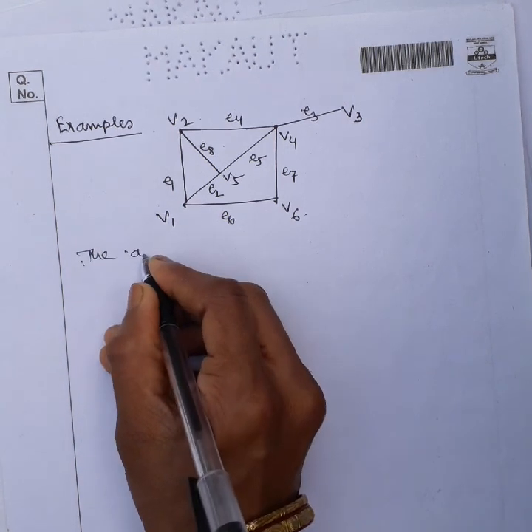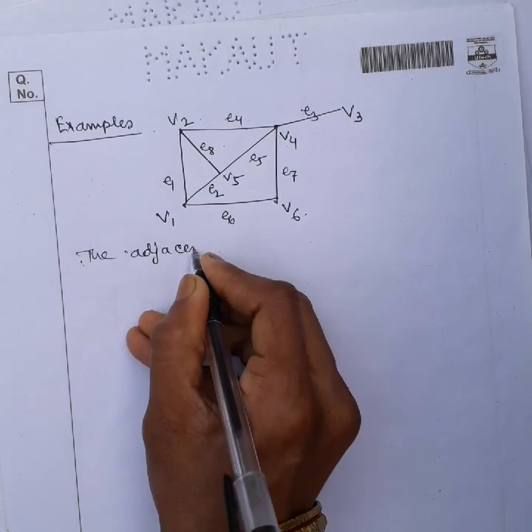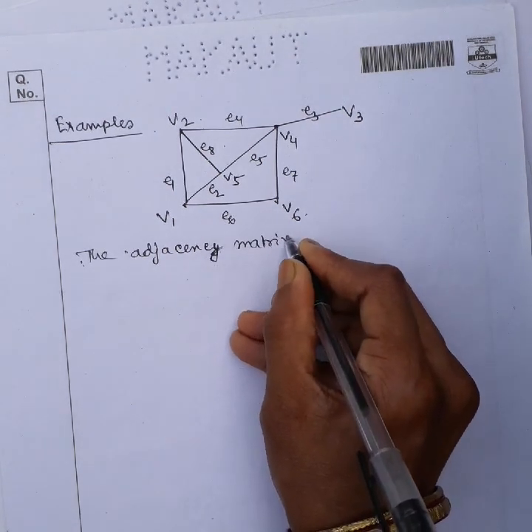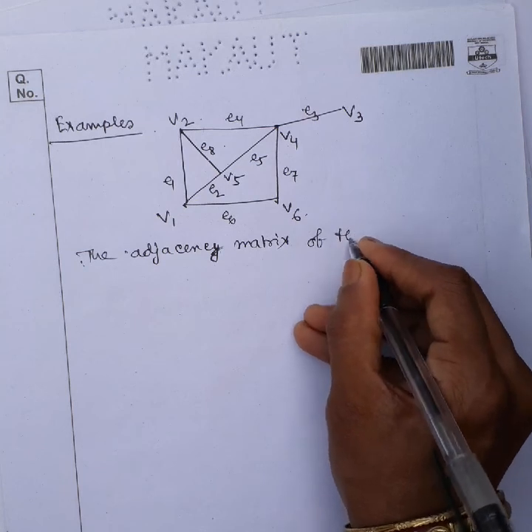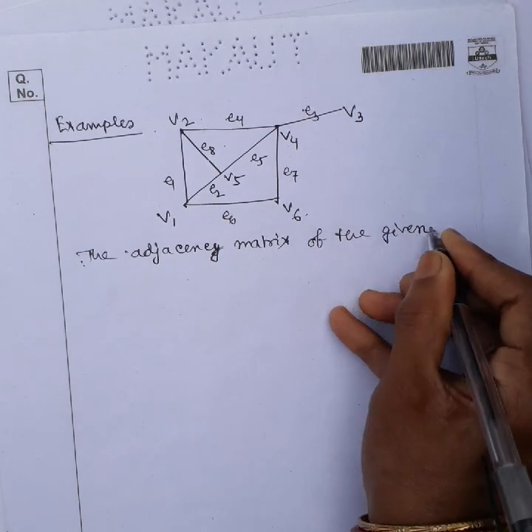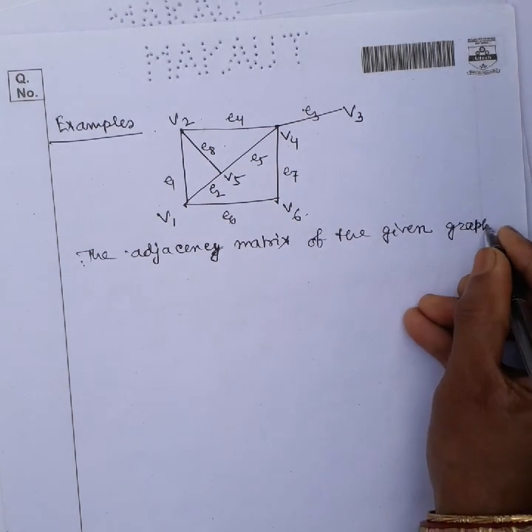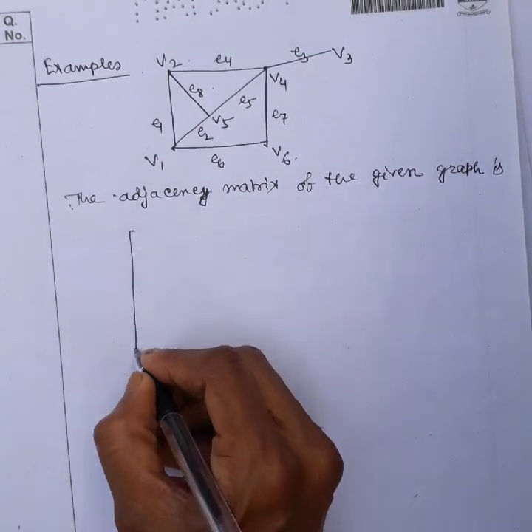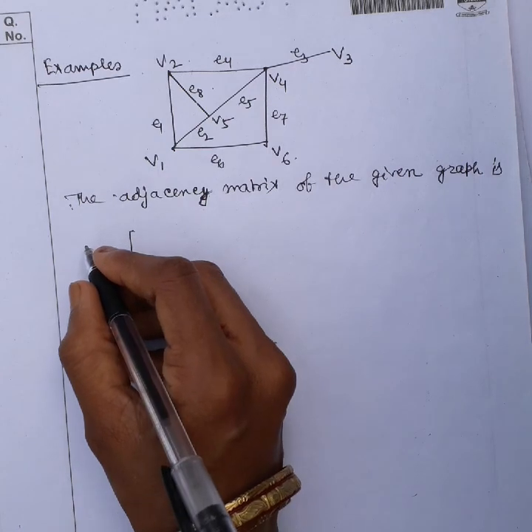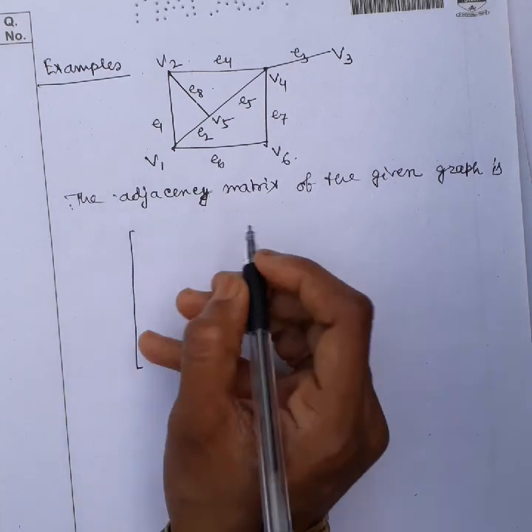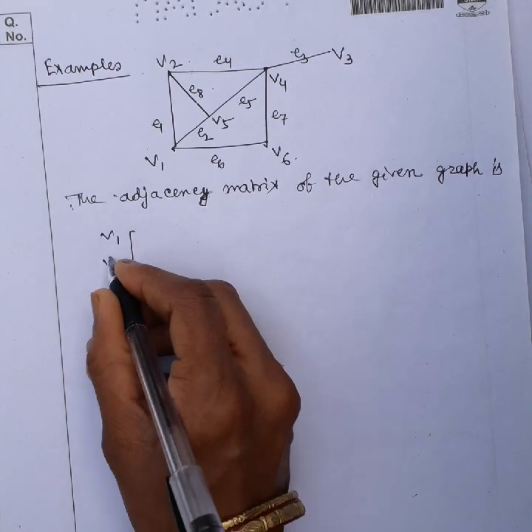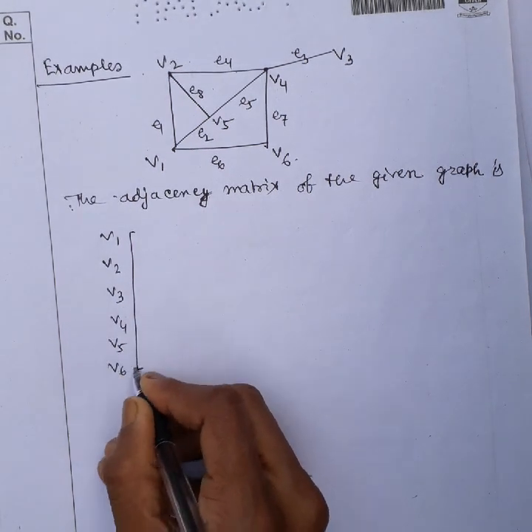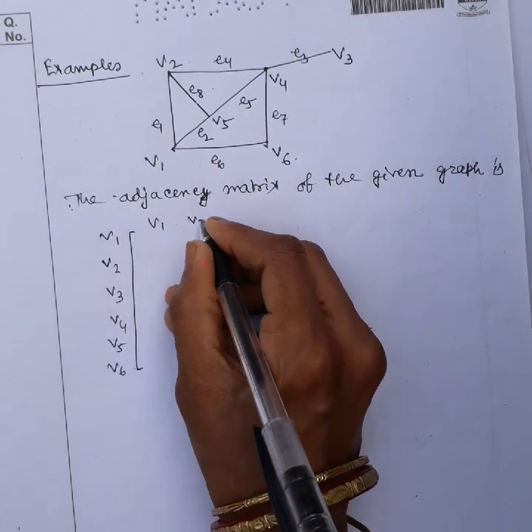So the adjacency matrix of the given graph is: here 6 vertices are there, that means V1, V2, V3, V4, V5, V6, 6 rows and 6 columns.